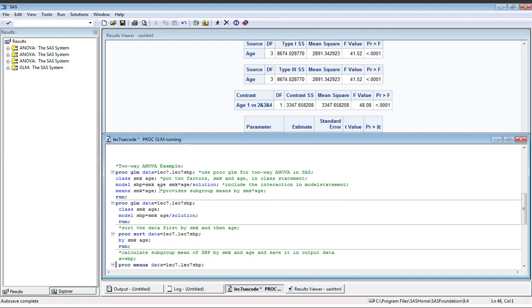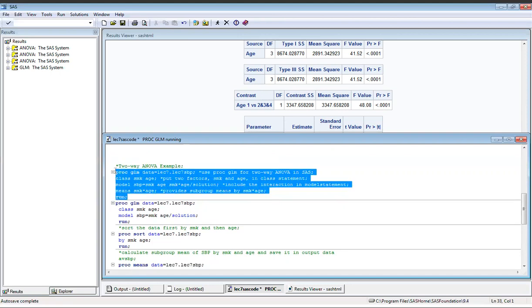And the first one is the test we call the full model, because this is a model with both factor A, factor B, and interaction between factor A and B. So here, factor A is the smoking status, and factor B is age. And then we have interaction between age and the smoking status. So the first one is the model with the interaction.